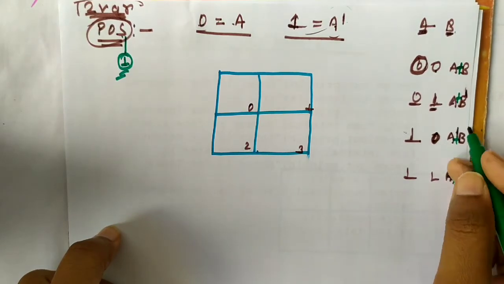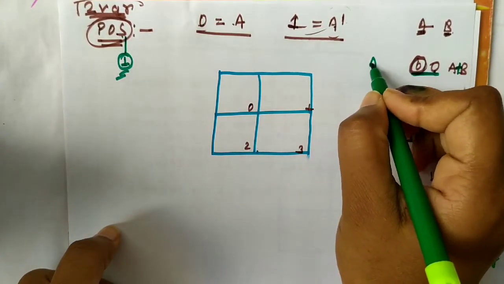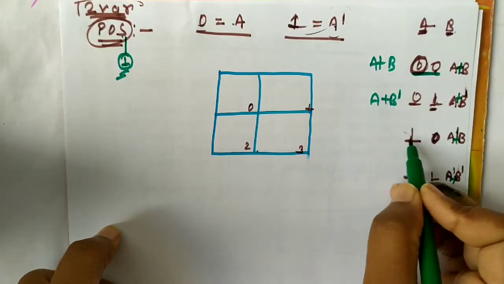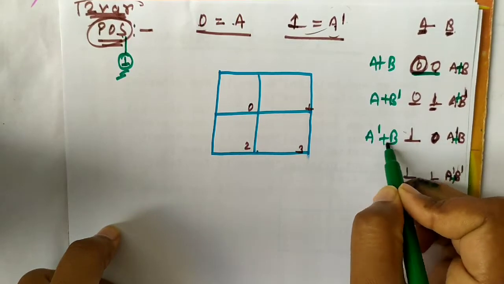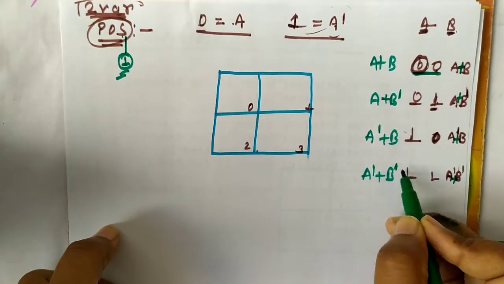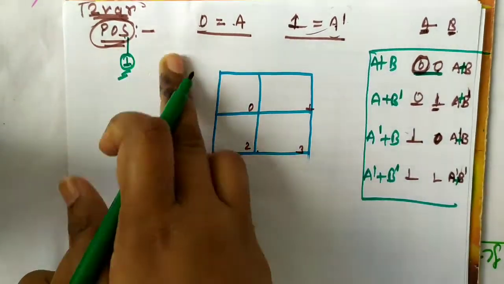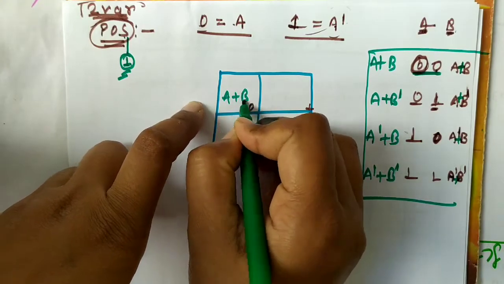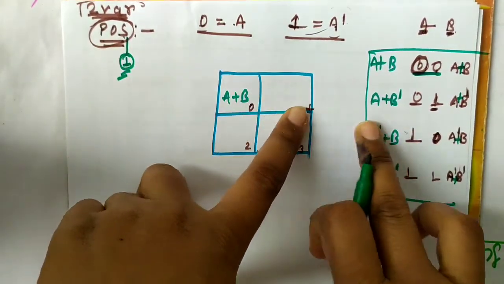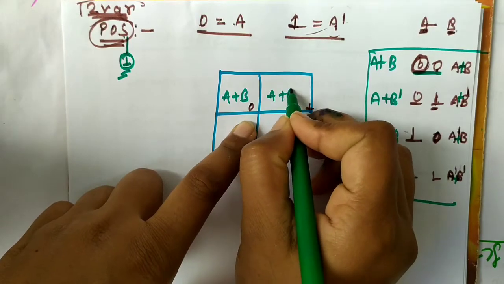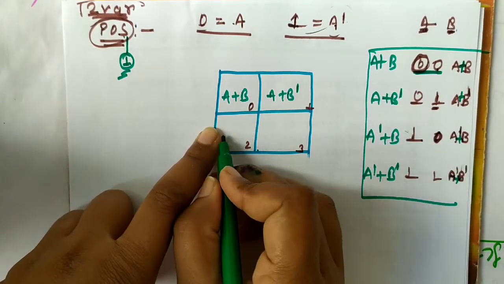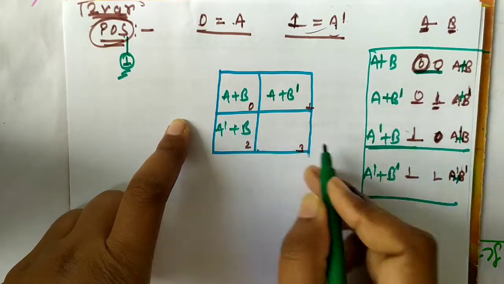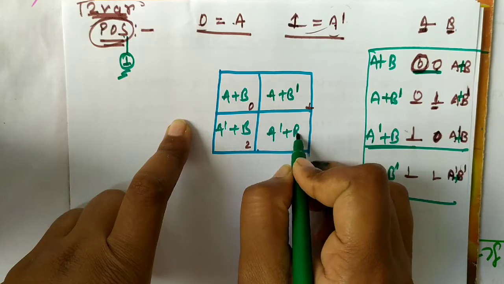For 00 that means A plus B, for 01 A plus B dash, for 10 A dash plus B, and for 11 A dash plus B dash.